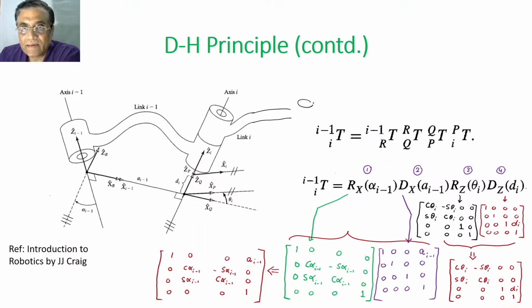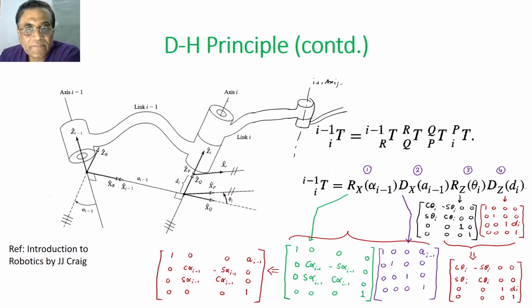It could be carrying another link, and this can continue as a chain. This is the i plus 1 axis, and so on and so forth.